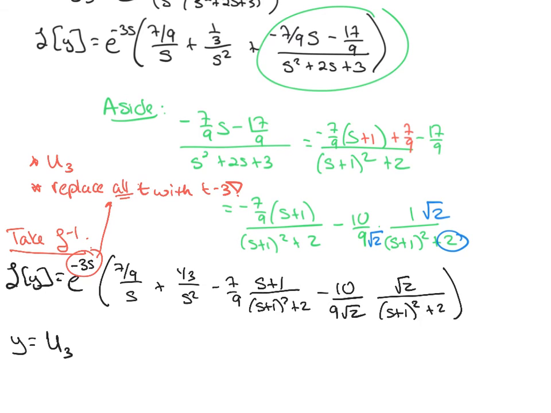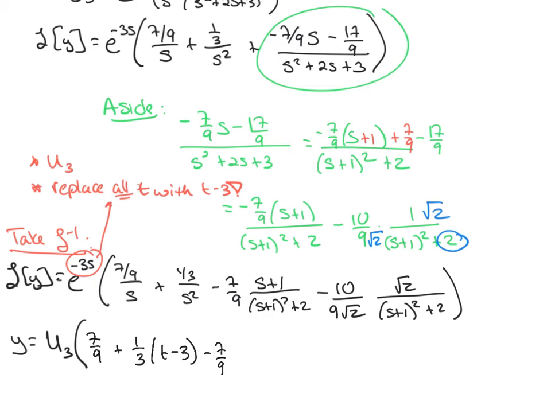So here's the unit step function at 3. First one isn't so bad. 7/9 over s, that's just a constant. So it just stays 7/9. 1/3 over s squared should be 1/3 t, but we're going to make it 1/3 t minus 3. Minus 7/9 times s plus 1 over s plus 1 root 2.